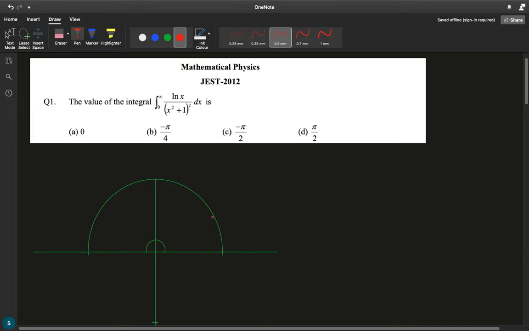All right, in order to solve this problem, you need to have the basic idea about the contour integral. In this case we will take a contour which will look like this. The contour will look like this.